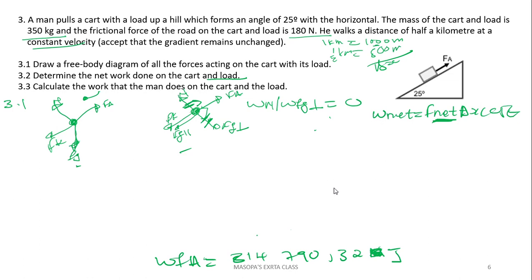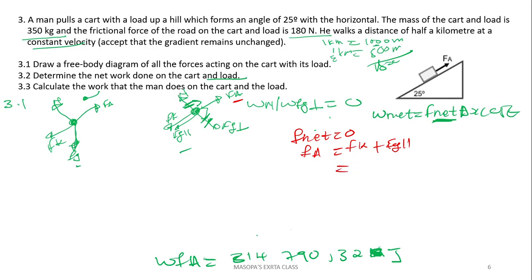The one that goes up is equal to the one that goes down, so F net is equal to 0. So the force applied will be equal to your Fk plus your Fg parallel.